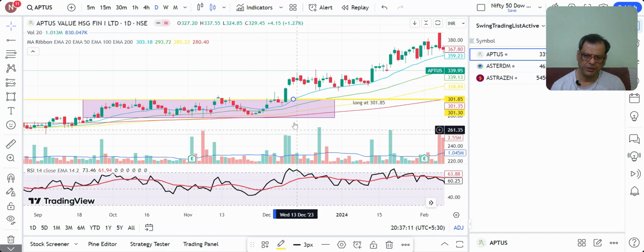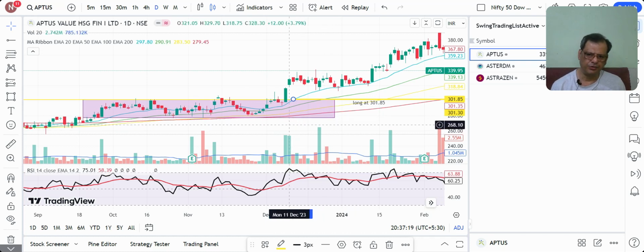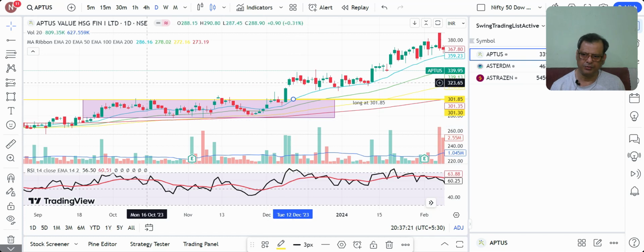Stop loss will be below the rectangle. You can keep a buffer here based on ATR, or maybe 1 rupee or 2 rupees down. It's up to you where you want to place the stop loss.